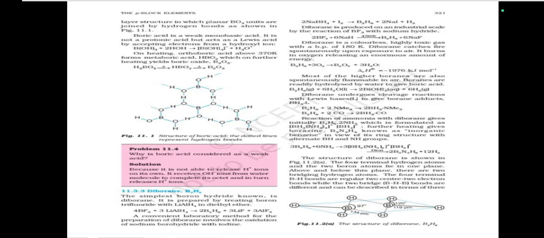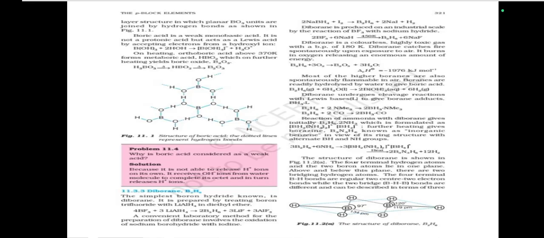The structure of diborane is shown in figure 11.2. In the figure, the four terminal hydrogen atoms and the two boron atoms lie in one plane, with the two bridging hydrogen atoms above and below this plane.